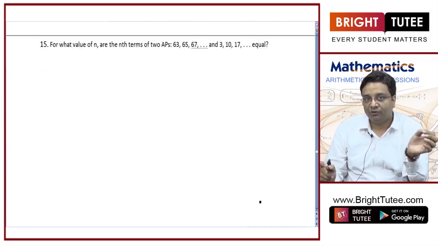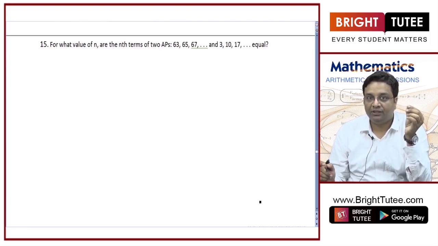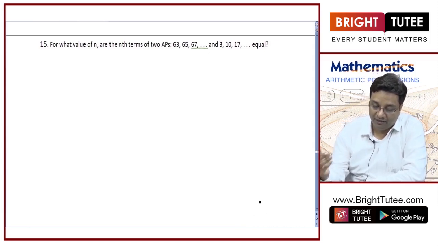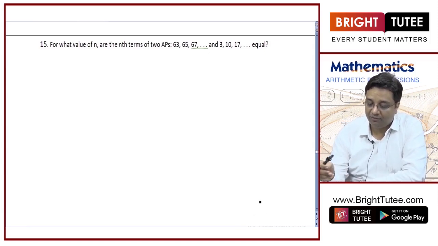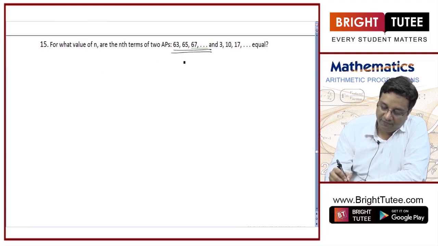Okay, let's move on to this question. For what value of n are the nth terms of these two APs equal? This AP has first term 63. What is the nth term of this AP?